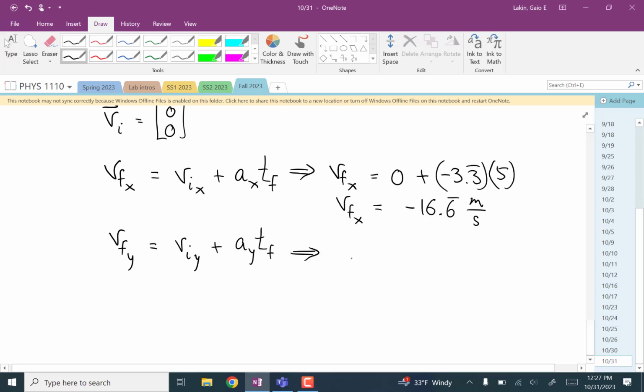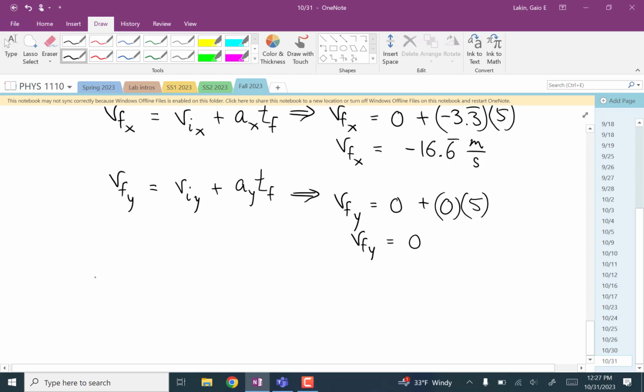Vfy is equal to 0 plus the y component of the acceleration, which is 0. So Vfy is 0.